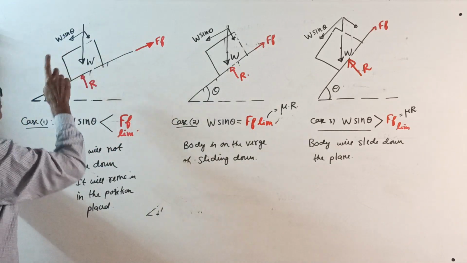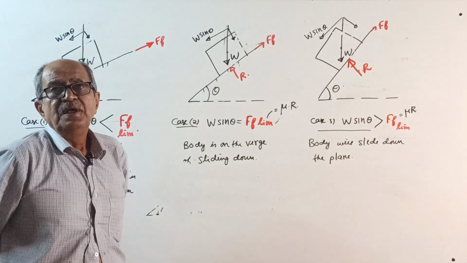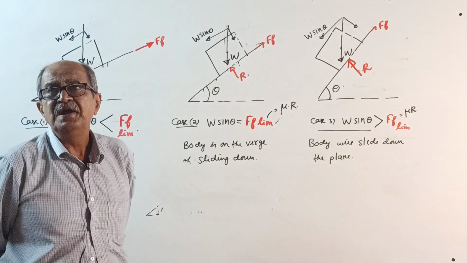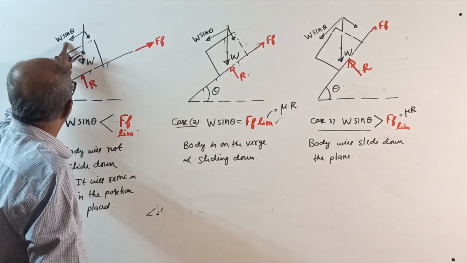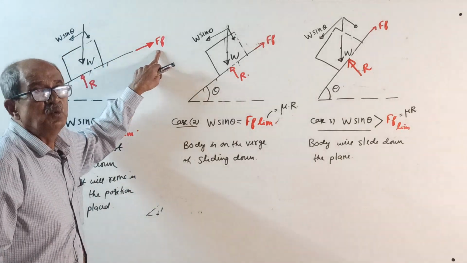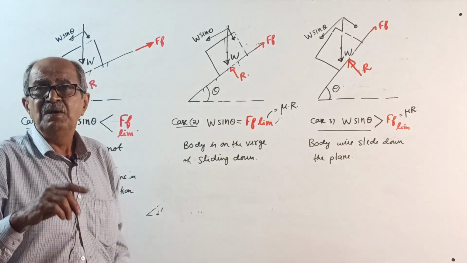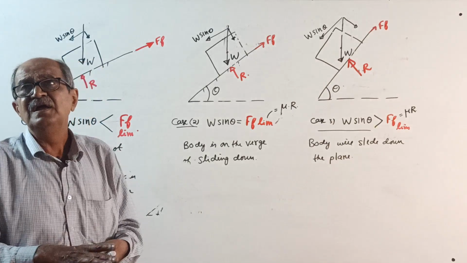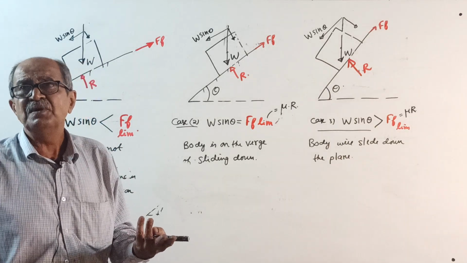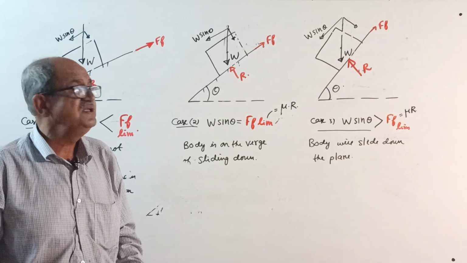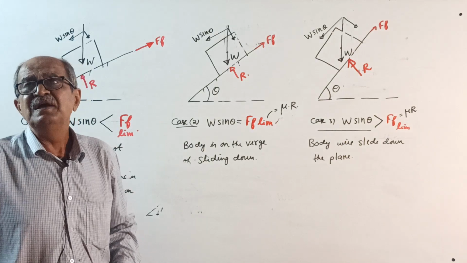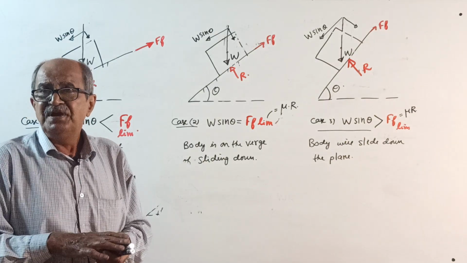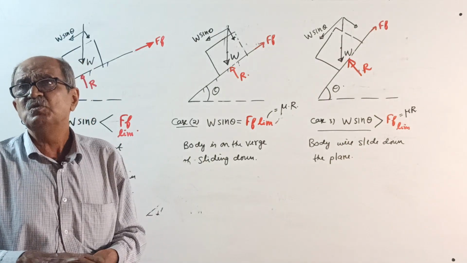But whether W sin theta force is successful in moving it down or not depends upon whether W sin theta will overcome the friction, or is not able to overcome the friction. Which one? Limiting friction. Everywhere the comparison is with limiting friction, because limiting friction is the frictional force when the body is on the verge of moving.